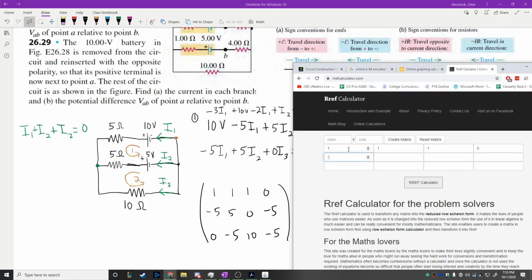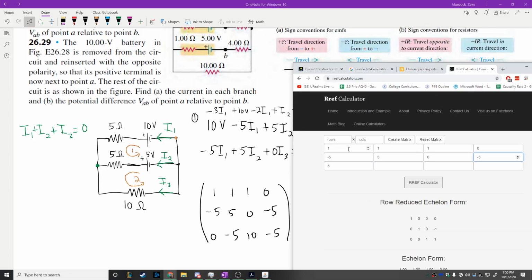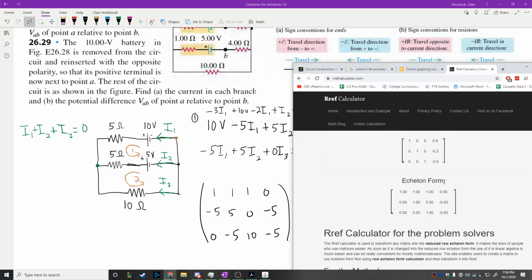Negative 5, 5, 0, negative 5. And then 0, negative 5, 10, negative 5. And those are the answers: 0.8, 0.2, and 0.6.